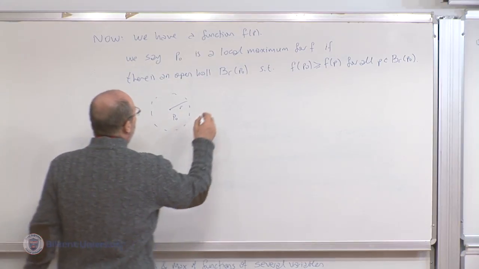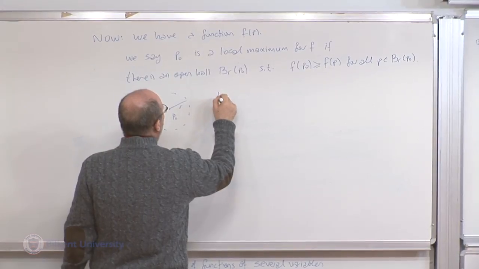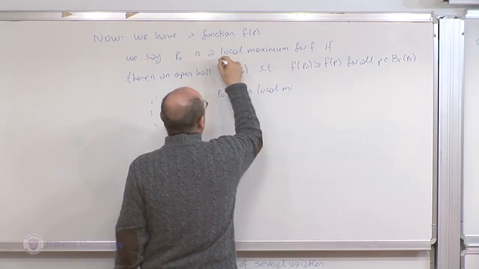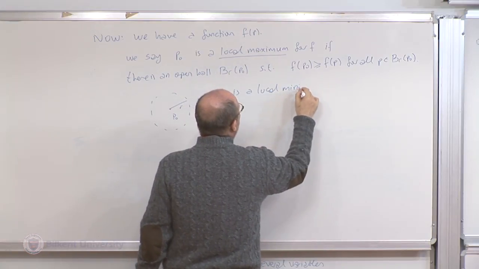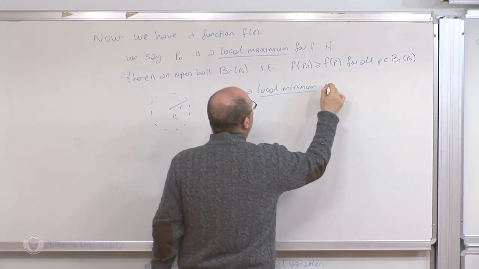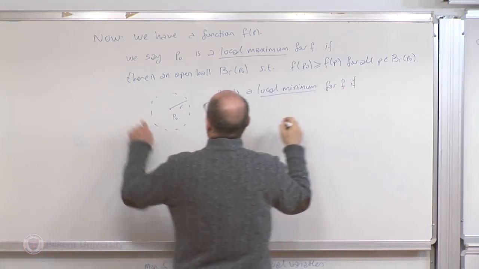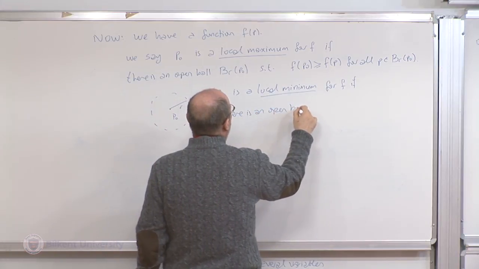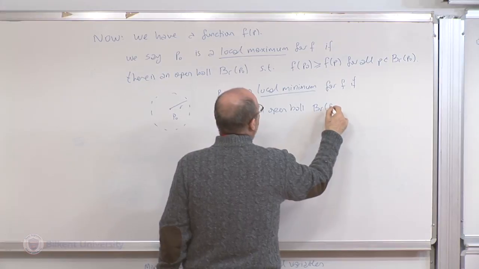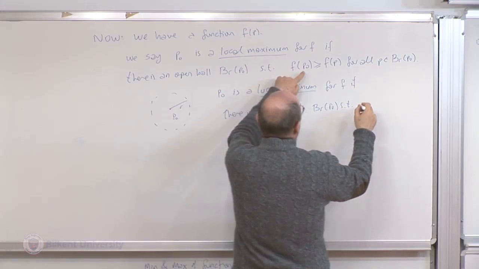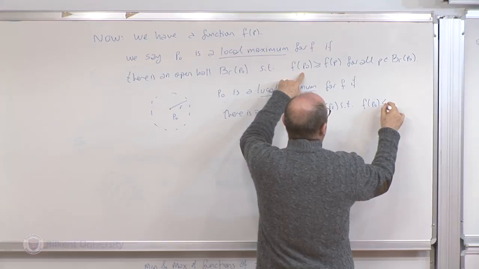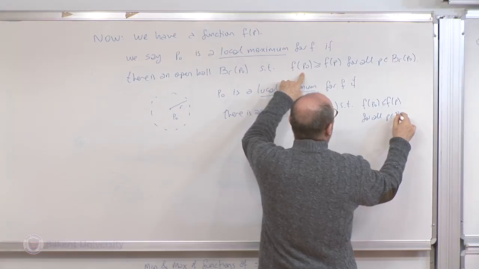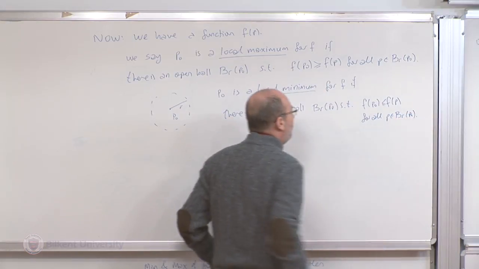And p sub 0 is a local minimum for f if there is an open ball B_r(p sub 0) such that f of p sub 0 is now smaller, less than or equal to f of p for all p in B_r(p sub 0).